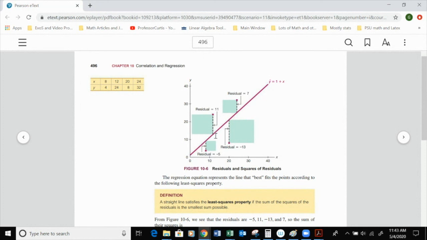It's 13, and the true value, if you look up in this chart up here, the x value of 12 had a y value of 24, and so being at 13, well, we're 11 off. That's quite a ways off. If you look at 8 here, the prediction is 9, and the actual value of the data that we were supplied with was 4. And so from 9 to 4, we have to go down 5. There's a negative residual there.